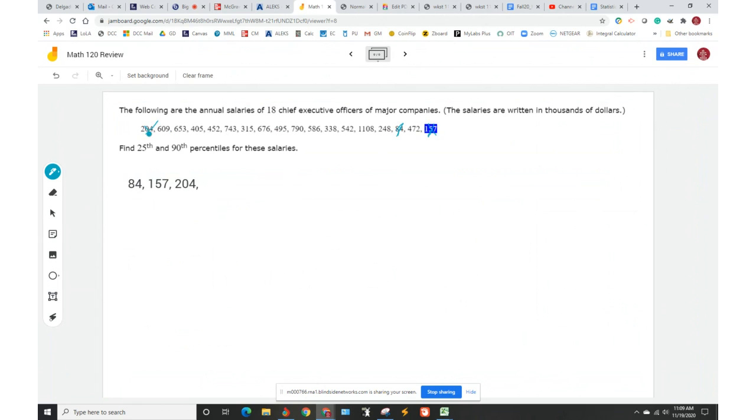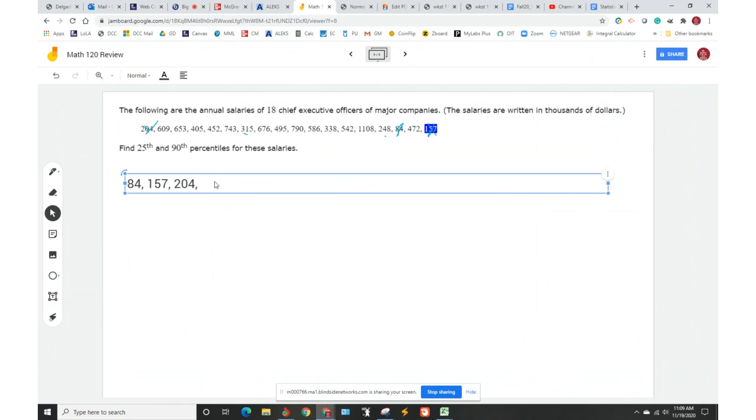All right, so what would come next? 248 looks to be. Looks like that one. And 315. Let me know if you see anything that would indicate differently. Oops. There we go.